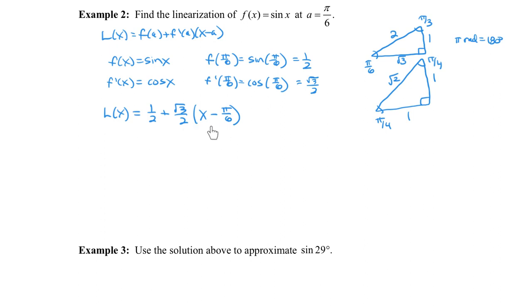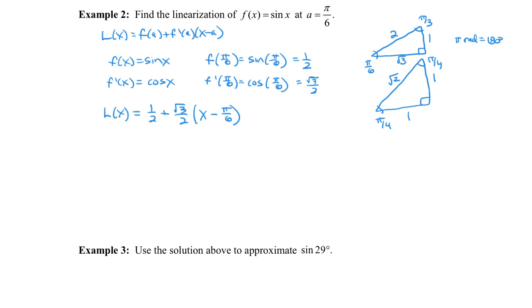And then if we need to evaluate something near pi over 6, or near 30 degrees, like, how about 29 degrees? We can just leave this and plug in the 29 degrees right here.